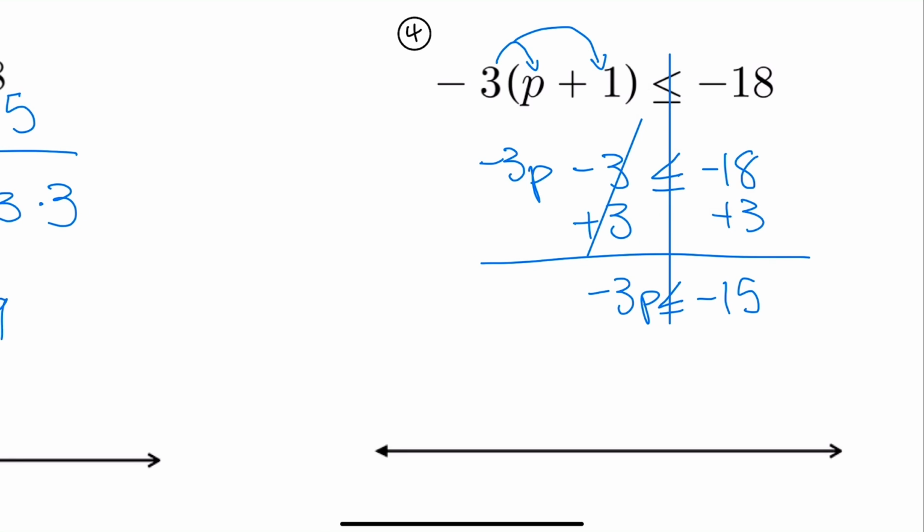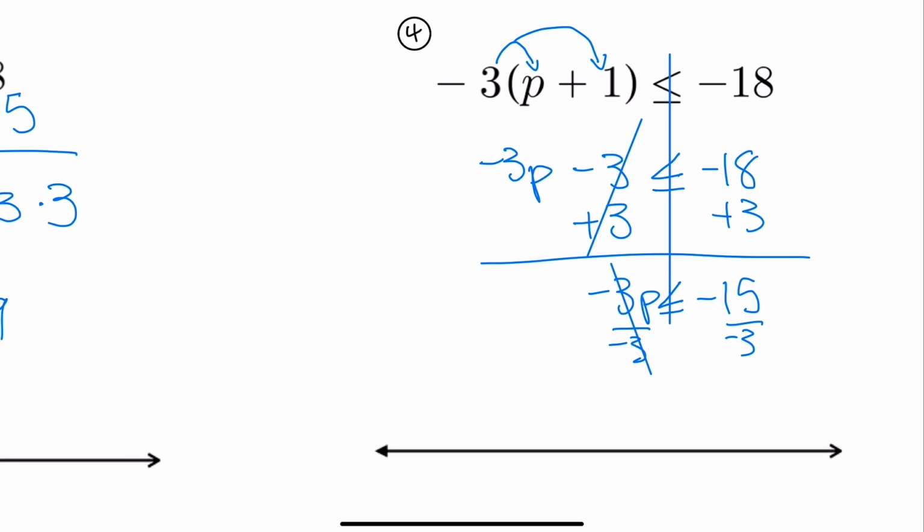All right, so here's the part where you really got to pay attention. Remember, these are tricky sometimes. So when you multiply or divide by a negative number, your inequality sign has to flip in the other direction. So to get rid of this -3, we're going to have to divide by -3. But like I just said, if you do that, you're going to have to change your sign.